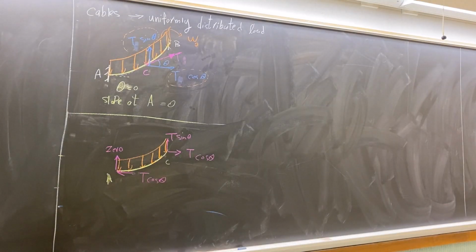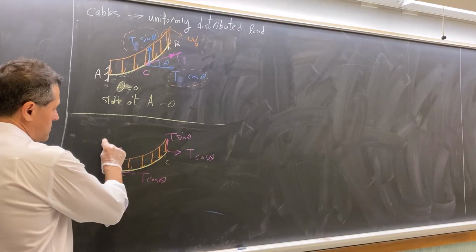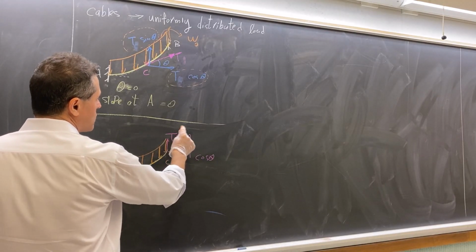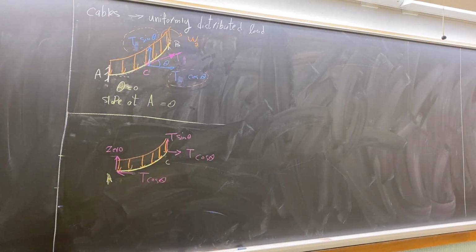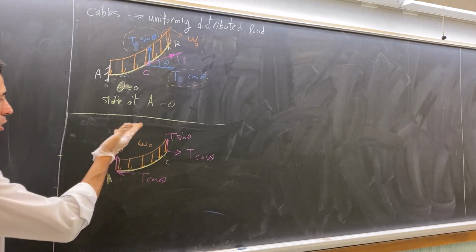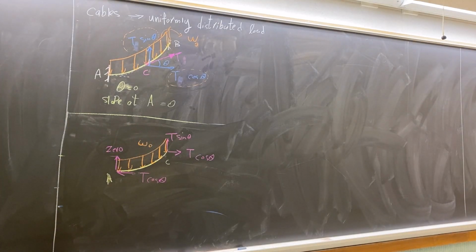So this component is the same. The vertical component is 0 here, and the vertical component at point C is T times sine theta. These are all the loads applied on this free body diagram. And you have the same figure in the textbook, so if you look at the textbook later, you have this figure.